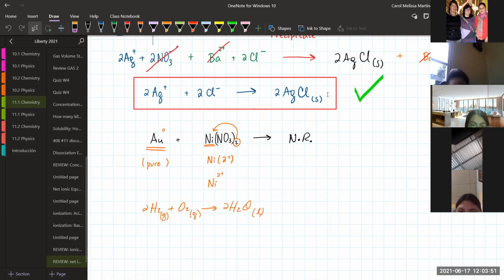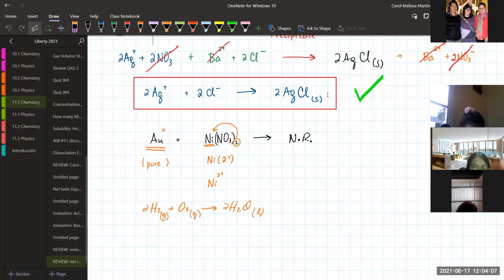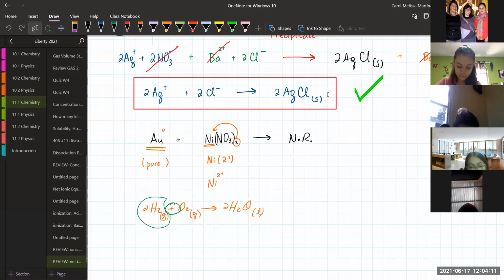Is hydrogen pure or is it combined? No, it's pure. Take a look. It's separated by a plus sign. So, in this case, the hydrogen is considered to be pure. When it's pure, the charge is 0.